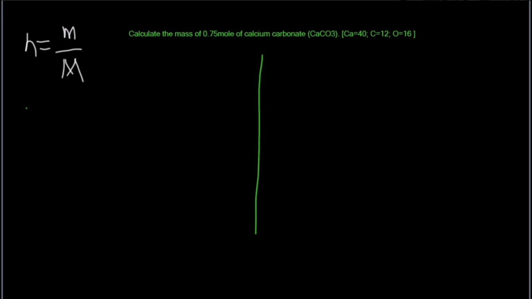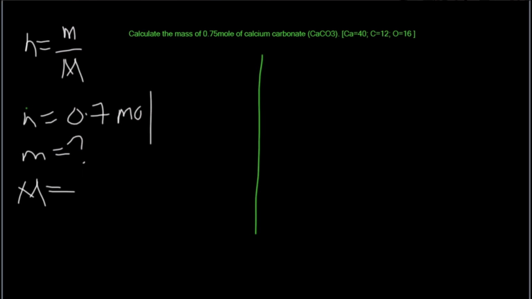So from the question we have N, which is 0.7 moles. The question said we should find mass, so we need mass. Then they've given us calcium carbonate, so we need molar mass. So let's take calcium carbonate.